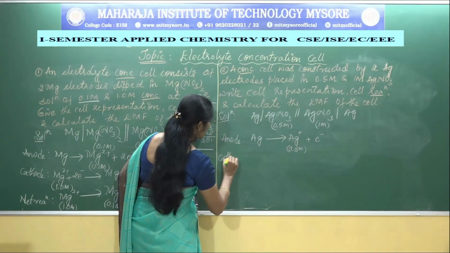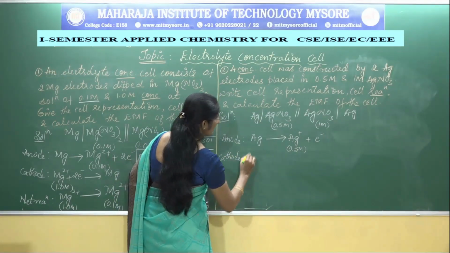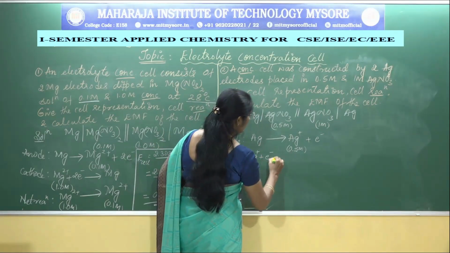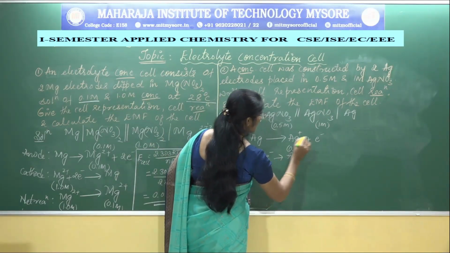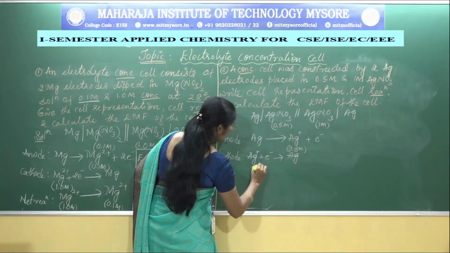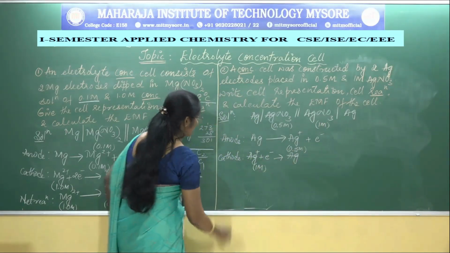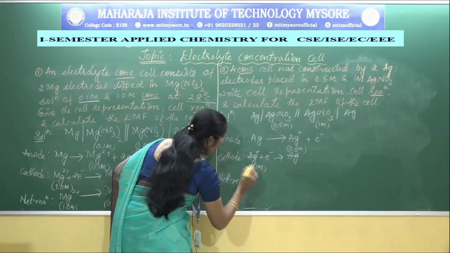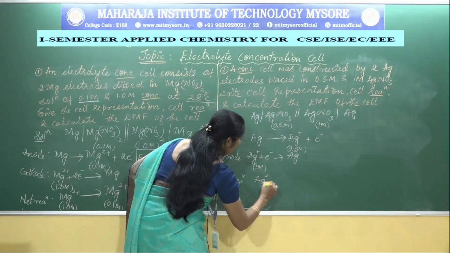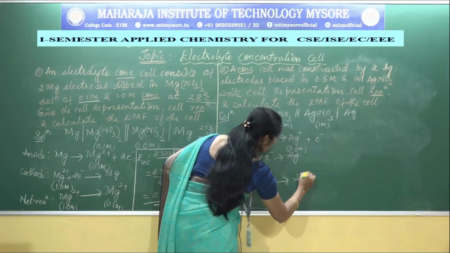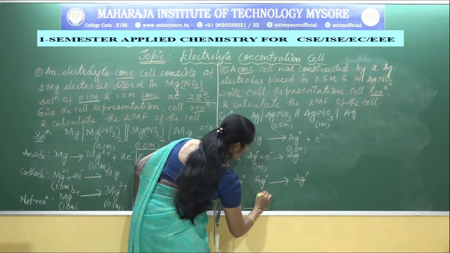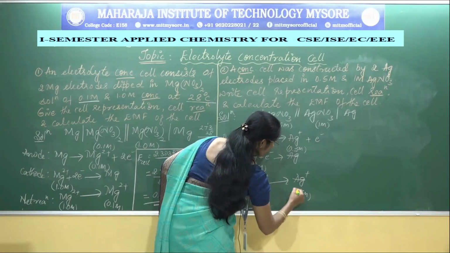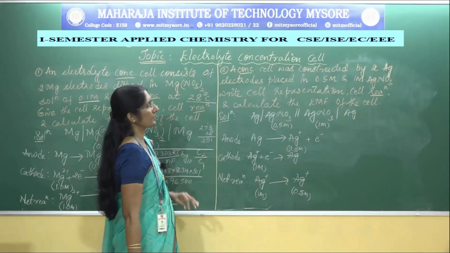What is the cathode reaction? Silver undergoes reduction, that is Ag+ gains an electron, then it is reduced to Ag. The concentration is 1 molar. Then the net reaction: Ag+ changes to Ag+, that is 1 molar solution changes to 0.5 molar. These are the cell reactions.